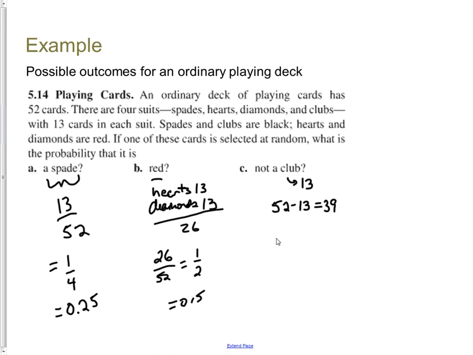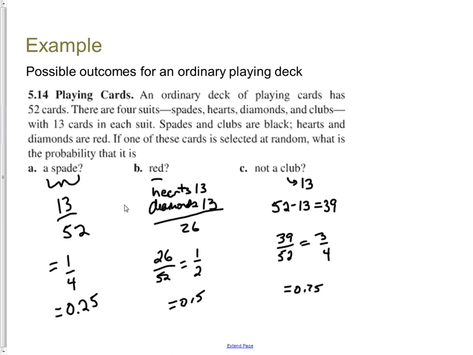If it's not a club, there are 39 non-club cards out of our deck of 52, and if we divide everything by 13 again, we find that we have 3/4. As a decimal, we would represent that as 0.75.